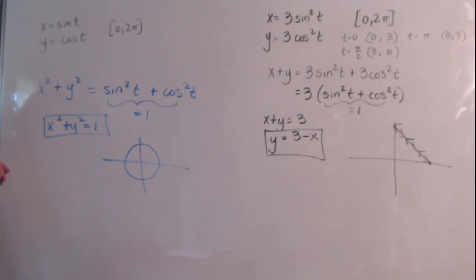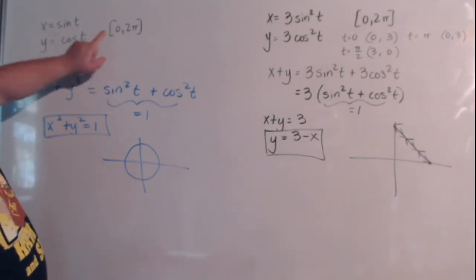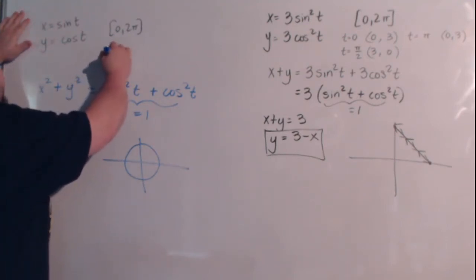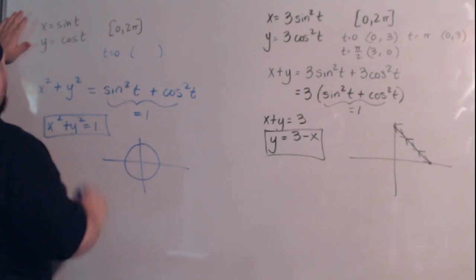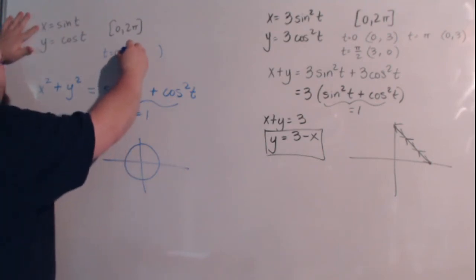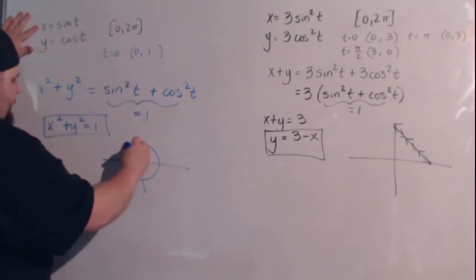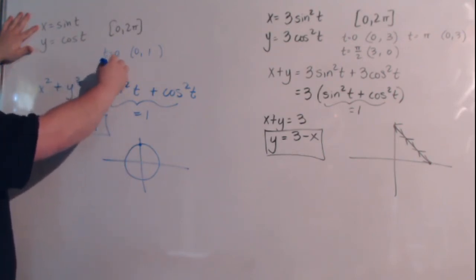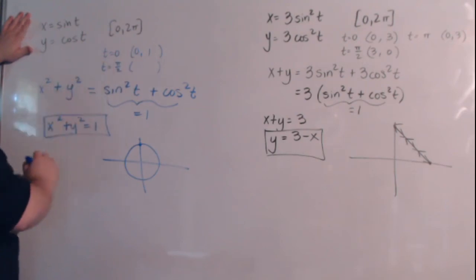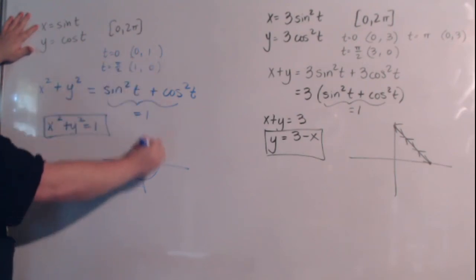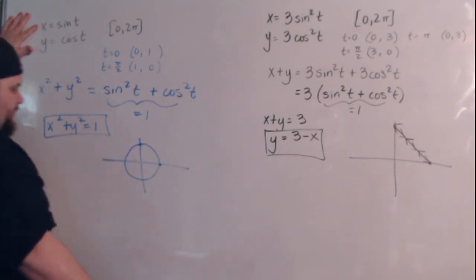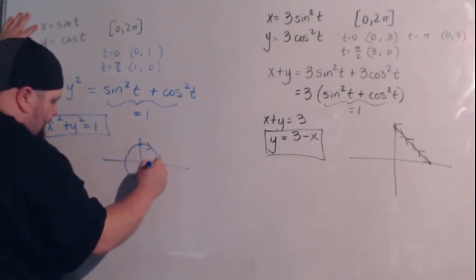So then the only thing we have to do is indicate direction. So when I plug in 0 into these things, when t is 0, I get (0, 1). So I start there. When t is pi over 2, I get (1, 0), so I'm down here. And we should know that to go all the way around, we would do 2 pi. So no funny business here.